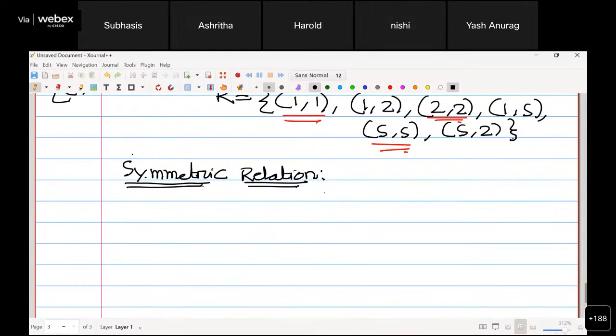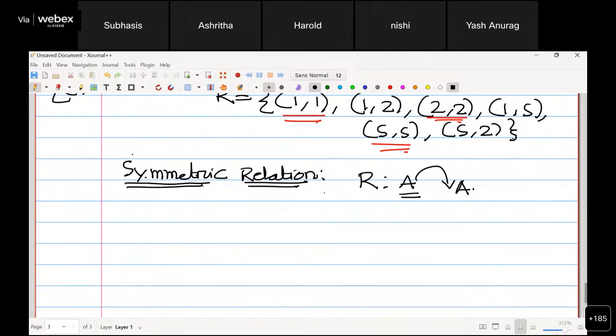I'll impose the same condition. I can talk about symmetry relation only when the relation is from the same set to itself. Symmetry relation doesn't have any meaning for a relation from a set to some different set.